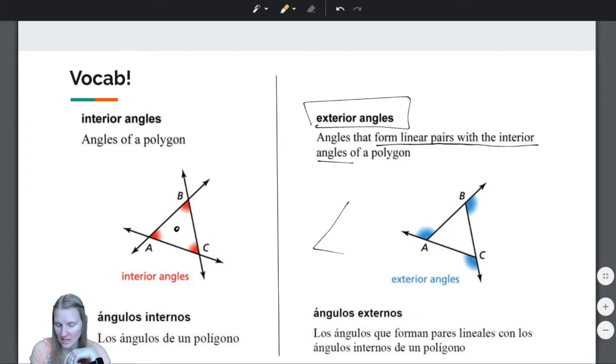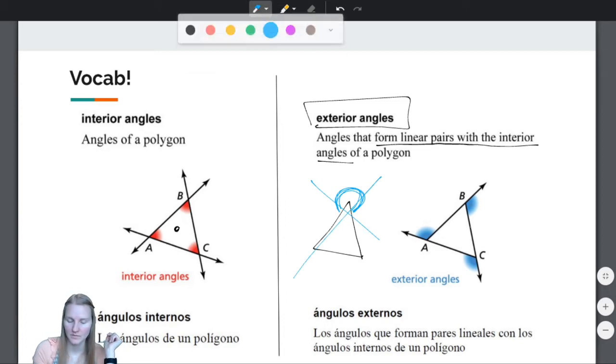Some people, when you say exterior angles, think of this whole thing, bigger than 180 degrees, over 300 degrees in some cases. But that's not the type of exterior angle we're talking about.